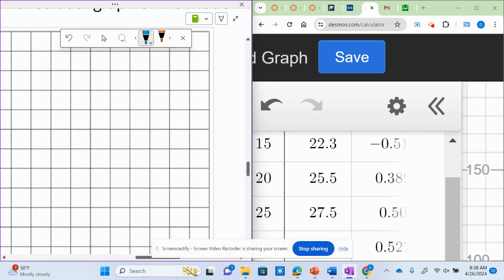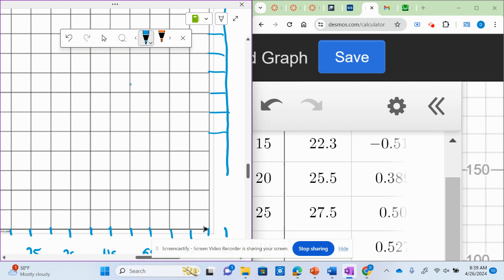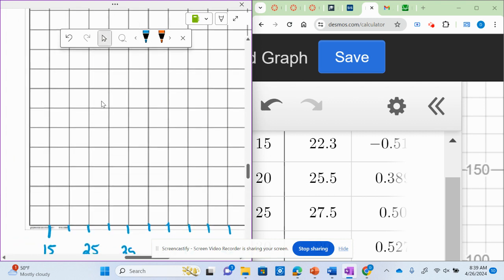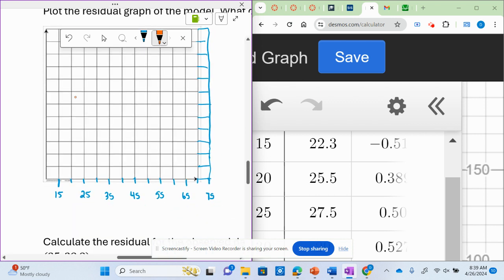I'm going to draw another little grid out here. Doesn't have to be anything fancy. And then I'm going to split this basically right in the middle, because really these x values are located where? Are my numbers going to be above or below my residual?